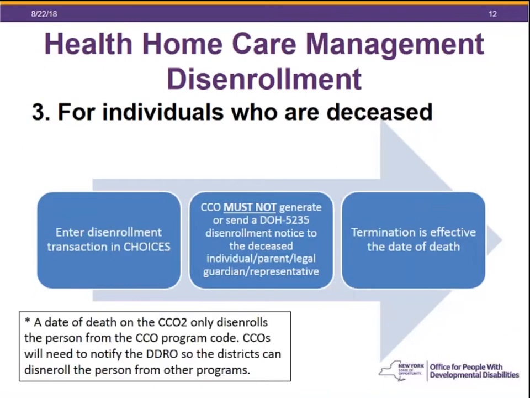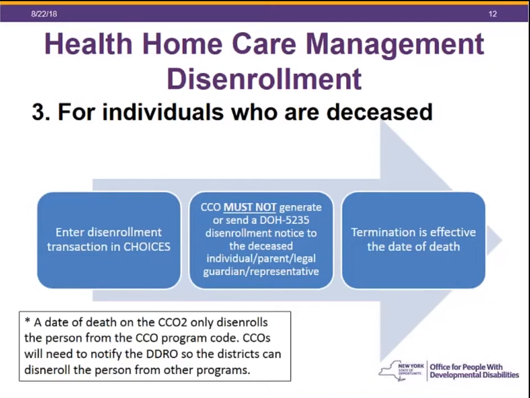And lastly, for an individual who is deceased, the disenrollment is entered into CHOICES. The CCO must not generate or send a DOH 5235, and the termination is effective the date of death. The date of death on the CCO2 only disenrolls the person from the CCO program code.